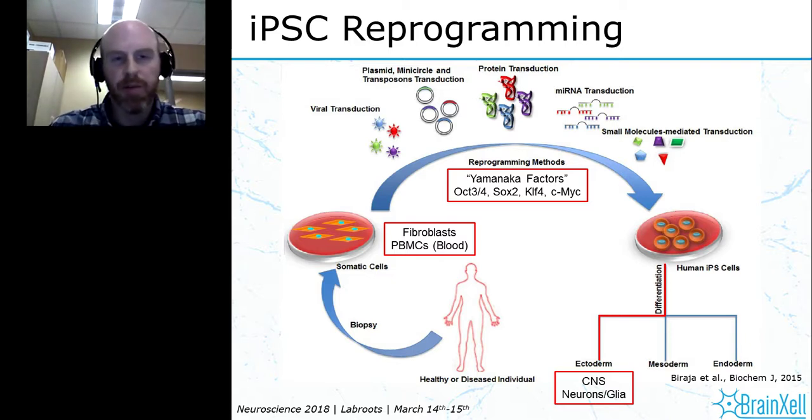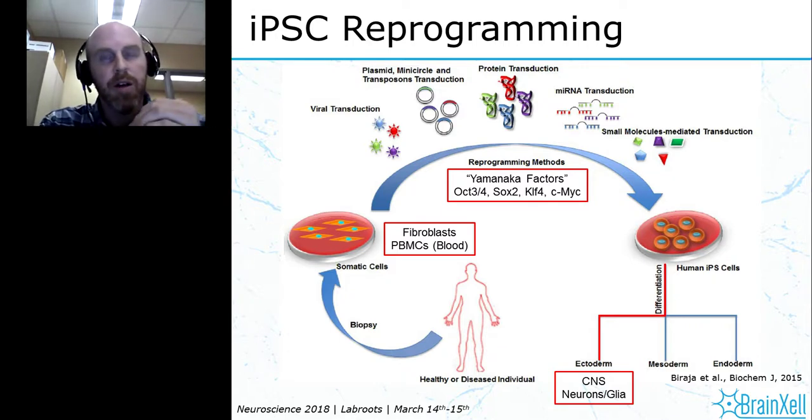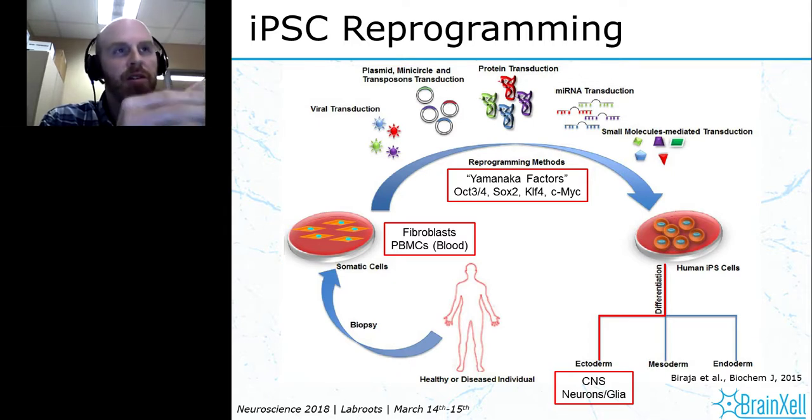So this is where the name comes from, right? You're inducing them into this pluripotent state. And from that point, you can take these cells and they're proliferative, so more of them can be generated. They're like a true stem cell. They're very similar to an embryonic stem cell, but of course not derived from an embryo.